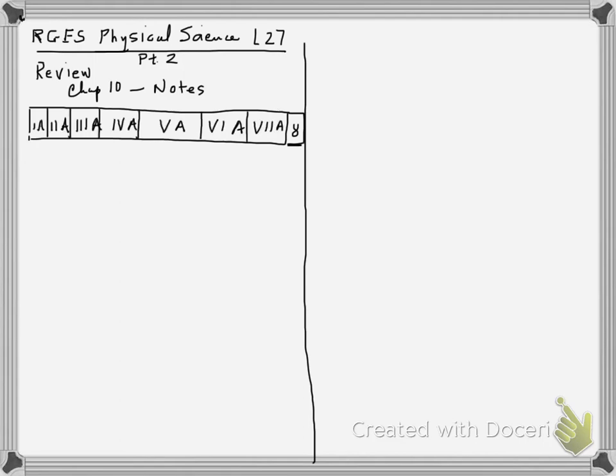So we have this first group, which is the alkali metals, 1A, and of course we know that they only have 1 electron. That's why they're the 1A family. They have 1 electron in that outer valence shell. So they're going to tend to lose the electron to another atom, so that they will have a stable shell of 8.